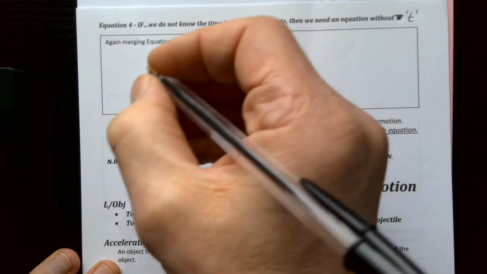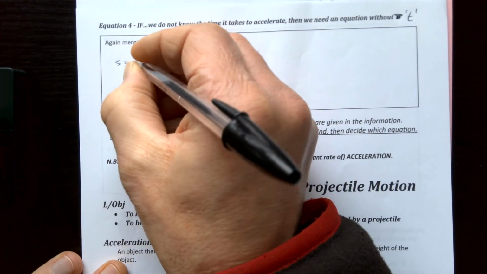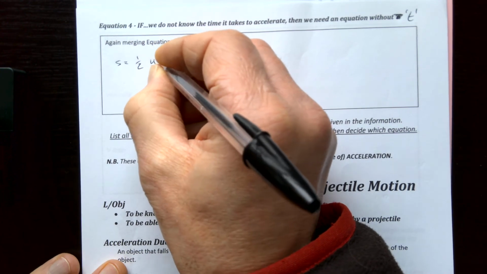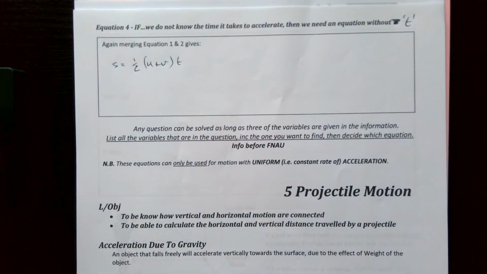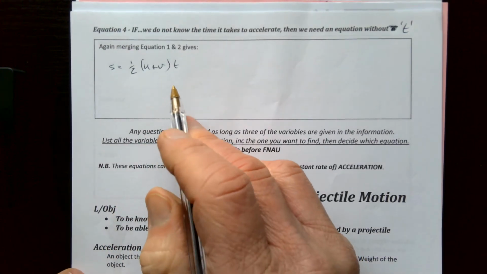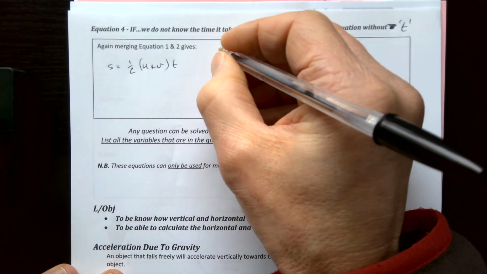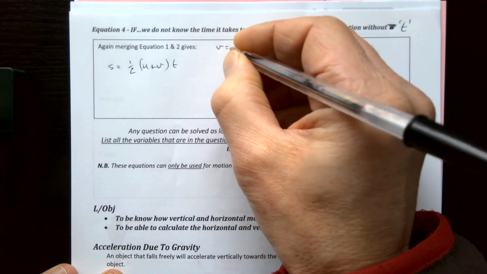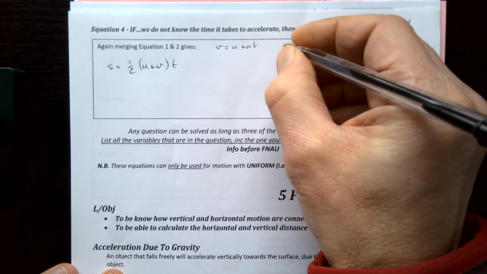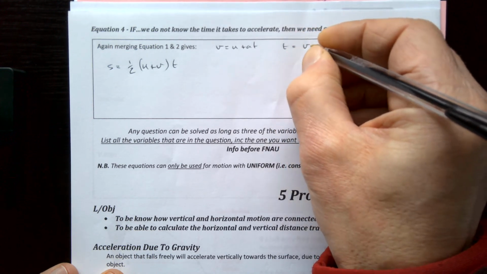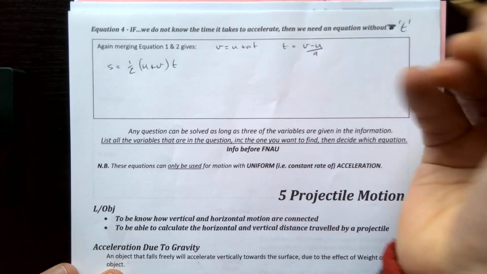So what we'll have is S equals half U plus V, times T. I told you it was a useful equation. So you've got that, but we need to get rid of T. From V equals U plus AT, I need the T. So T equals V minus U divided by A.